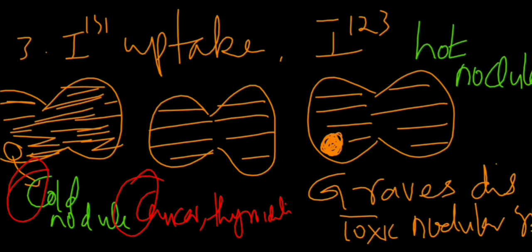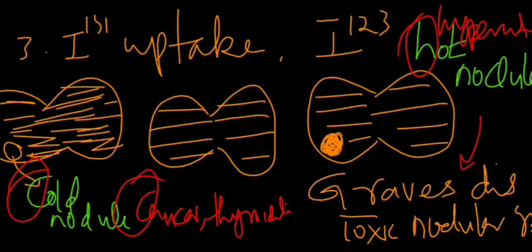It can progress to a malignancy, or it can be inflammation, thyroiditis. So you can remember cold, C for cancer. Now hot, H for hyperactivity. So it is easy to remember, hyperactivity of the gland. Examples are Graves' disease, toxic nodular goiter.